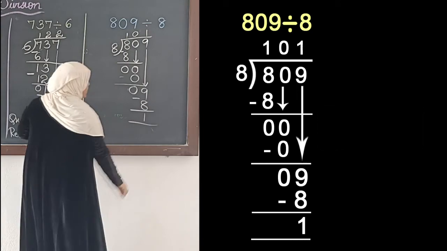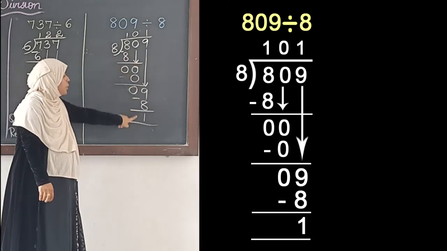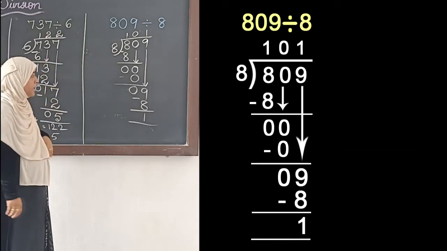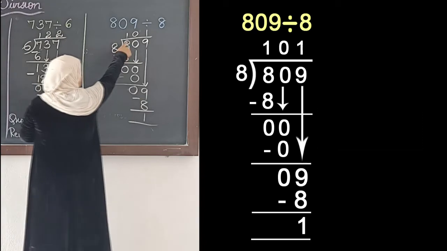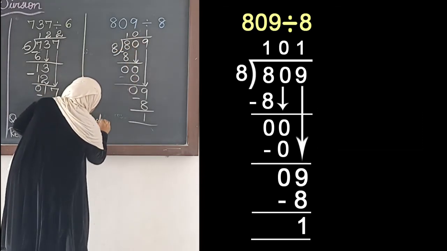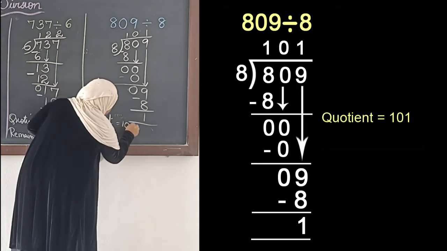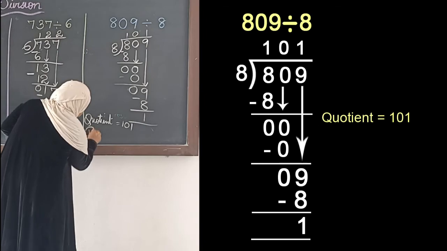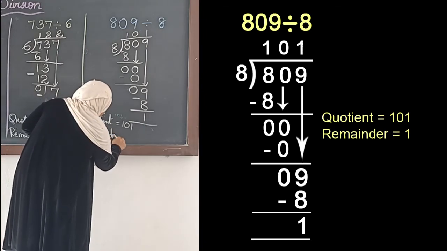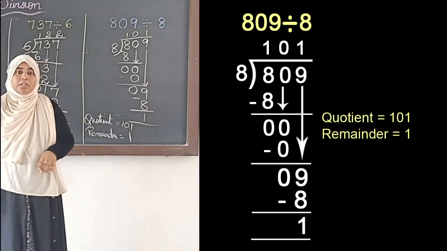Now, 1 is our remainder. We do not have any other digit to bring down, and 1 is smaller than 8. So, we cannot divide it. So, 1 is the remainder. What is the answer that we have got? 101. So, the quotient is 101, and the remainder that we have got is 1. Okay. This is how we do long division.